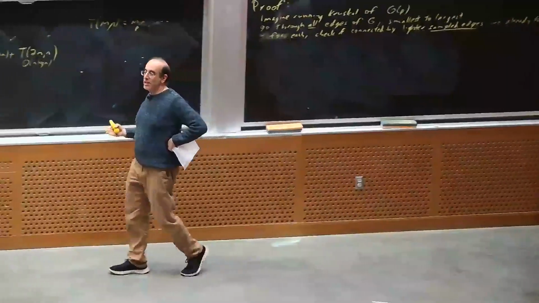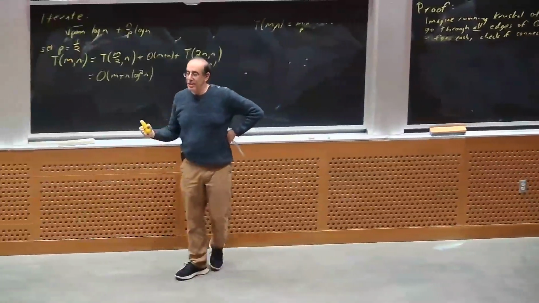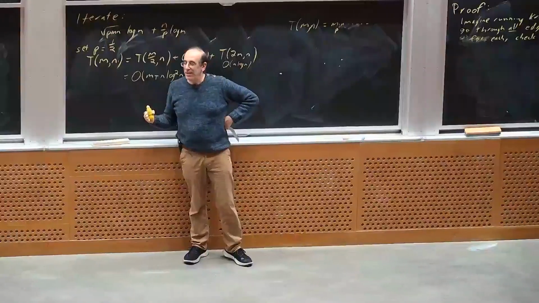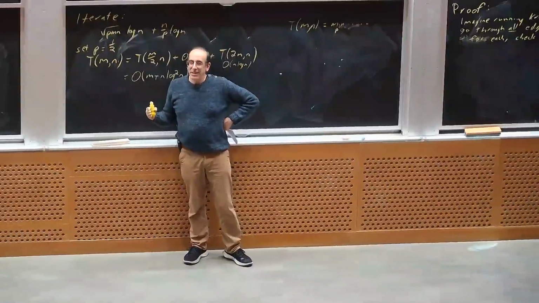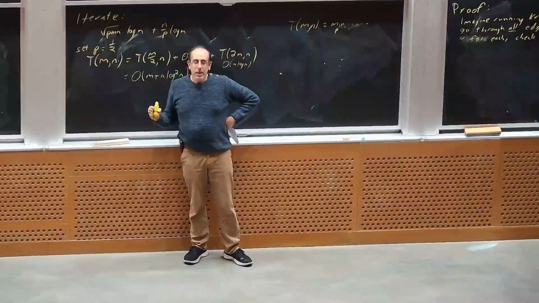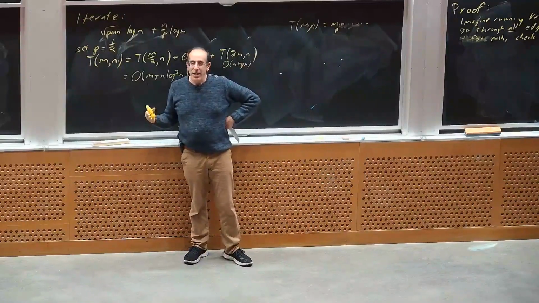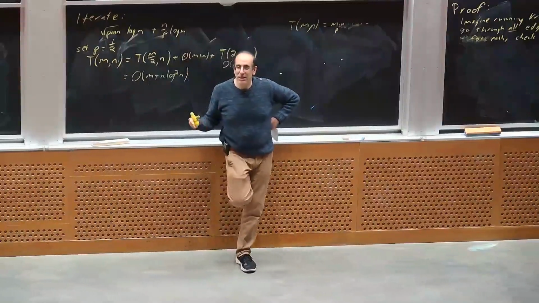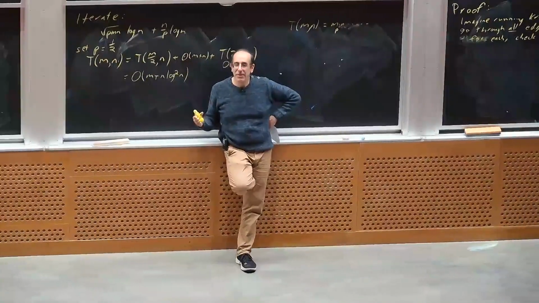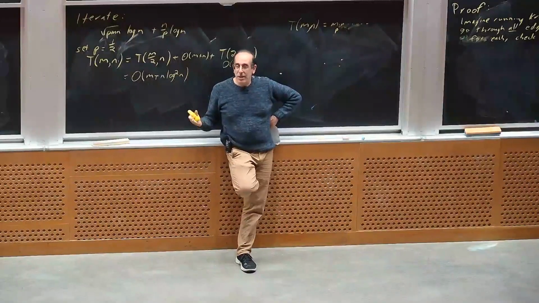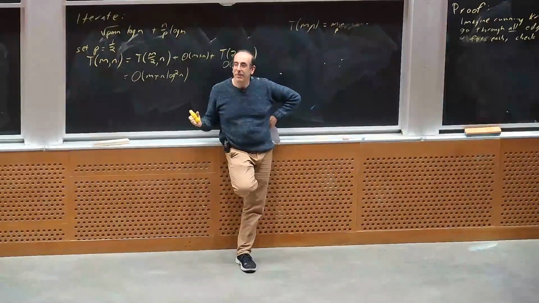So I take the smallest edge, and I ask, is this edge connected by previous edges? No, of course not. So that tells me that whatever happens, this is going to be a light edge. The smallest edge is light for everything. But what I don't know yet is whether the edge is in the sample.